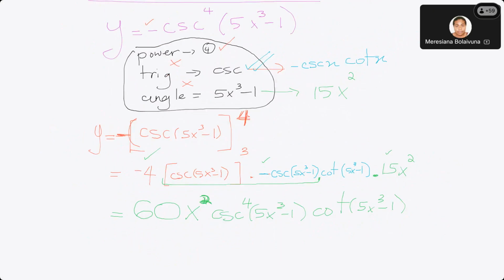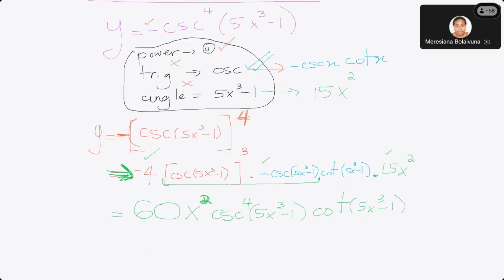All right, so why is it cosecant to the power of 4? If you look at our derivative, this line here, this equal sign here, do you understand how we got this line? Negative 4 cosecant to the power 3.